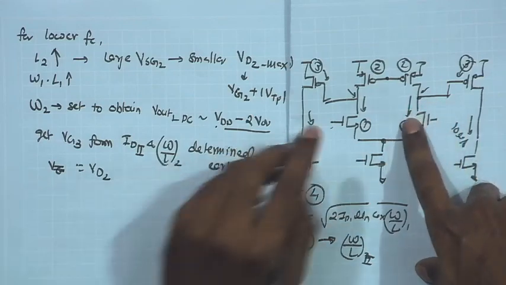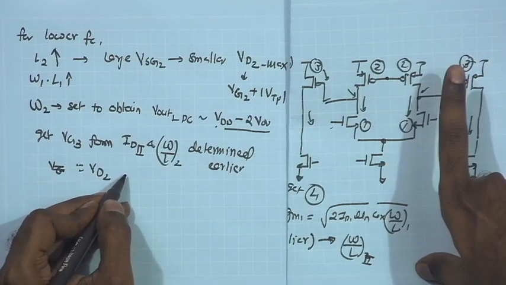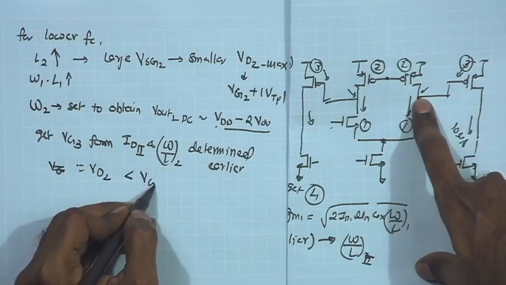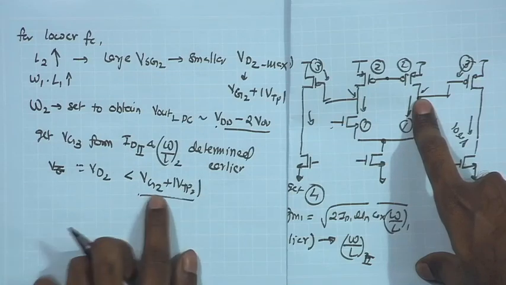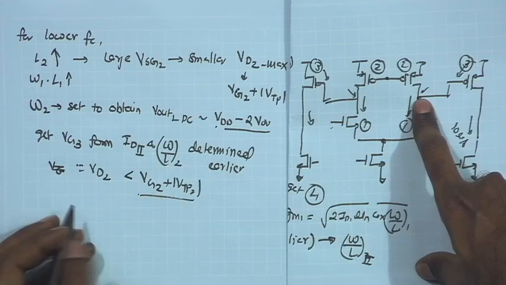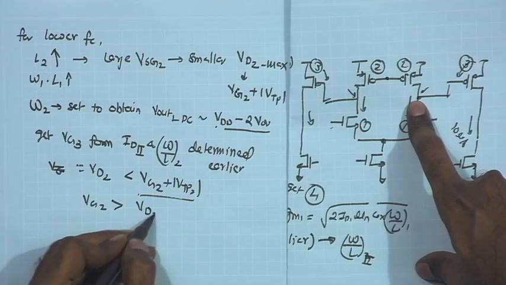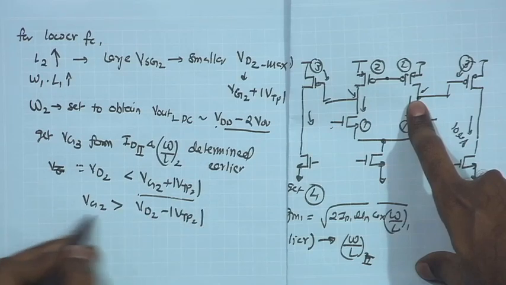So, I would like to make sure that VD2 over here is lower than VG2 plus mod VTP2, and that means I can obtain the value of VG2 required. VG2 should be greater than VD2 minus mod VTP2, and that is going to give me the VSG requirement.